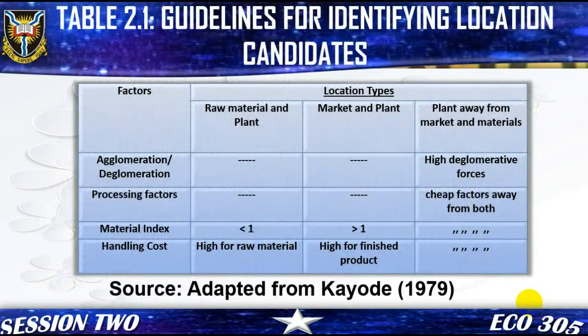If the material index is greater than 1 and/or the handling cost is high for the finished product, then the market becomes a strong location choice candidate. 3. But if the influence of agglomerative forces is high, locating the project away from both the market and raw materials becomes the rightful location choice candidate.